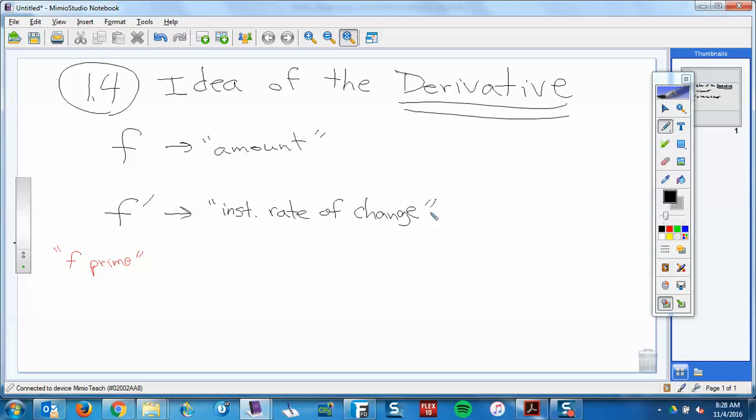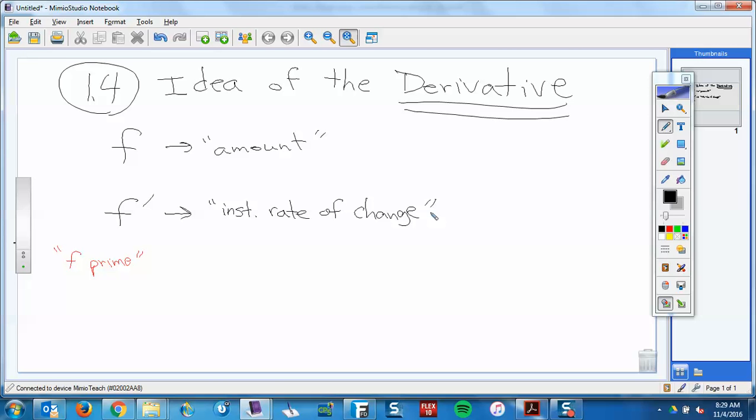The amount could be how fast you're going, miles per hour, and if your velocity is changing, then its rate of change is the miles per hour per hour. So you can have a rate of change of a rate as well. Your amount function could be a rate, and then f prime would be the rate that rate was changing.